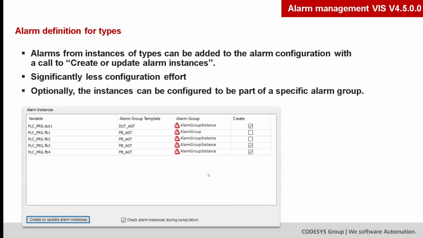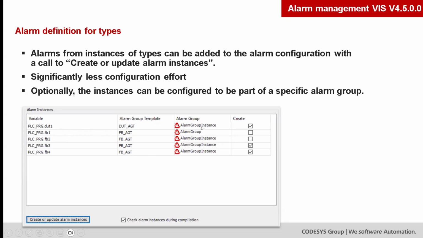I show you another configuration editor. It's from the alarm configuration. And here, I want to explain how it works. In the application, you have a lot of instances of function blocks and structures. And if the instance has an alarm group template, the alarms for this instance are automatically added to the alarm configuration. Here you see all function blocks and structures which have an alarm group template.